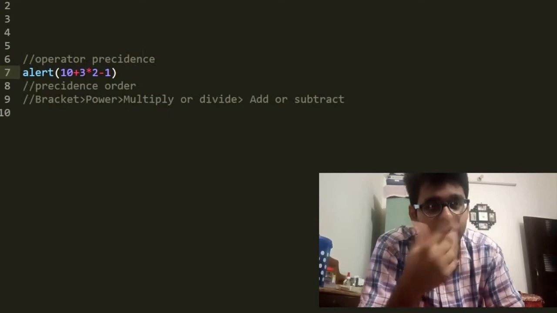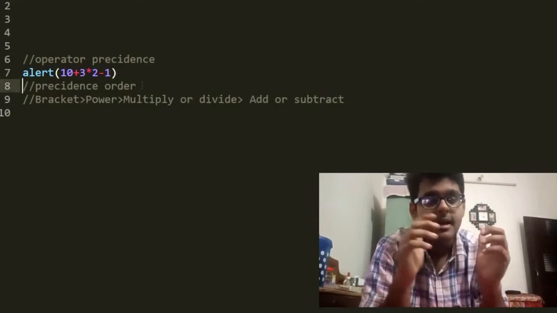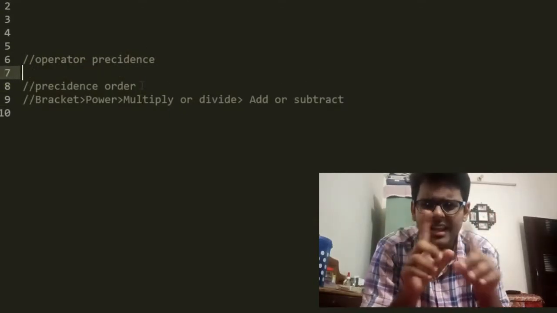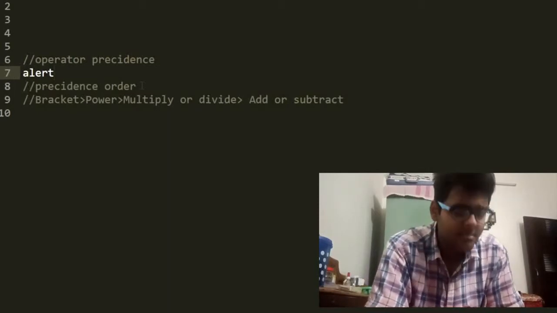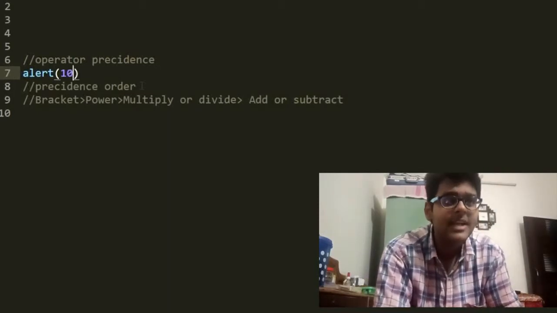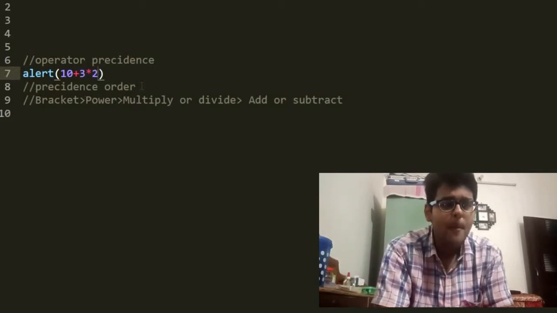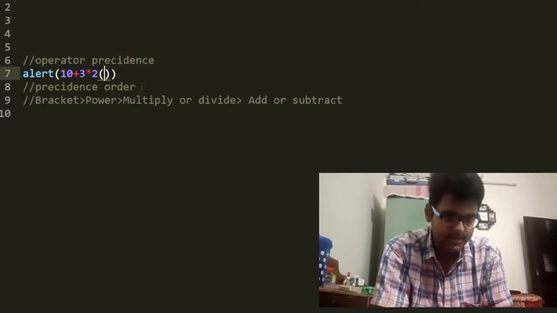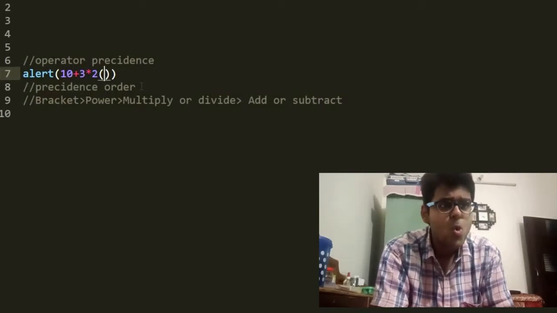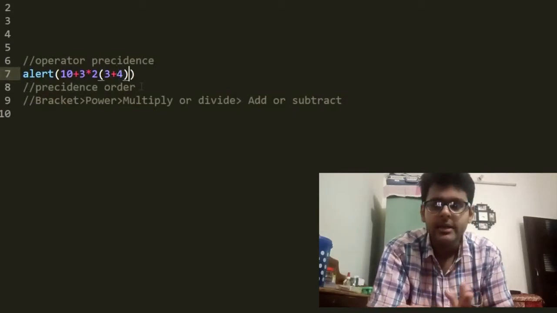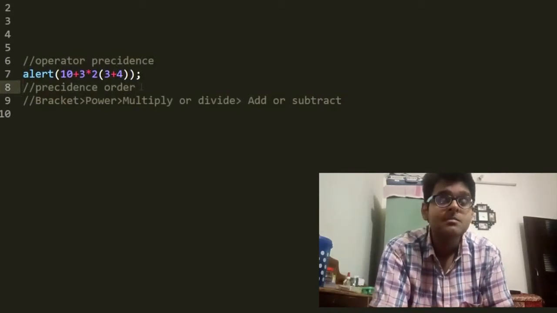Okay, now we are talking about one more example for operator precedence. We have an alert statement again, with an equation like 10 plus 3 times 2, and putting this bracket in which we say 3 plus 4. So what will be the output in this case?